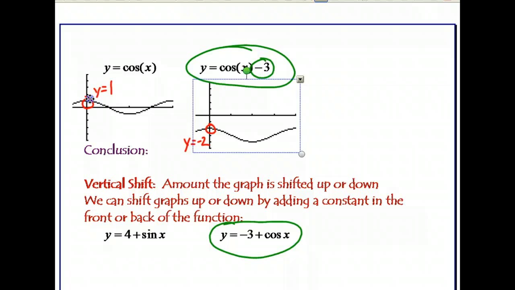It does not matter where the 3 is in the front or the back. What does matter is that it is a negative 3 in both cases. And likewise, over here we've got 4 plus the sine of x. That could also be written as the sine of x plus 4, which is going to be a shift upward.